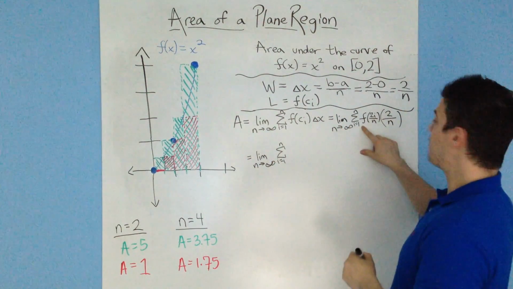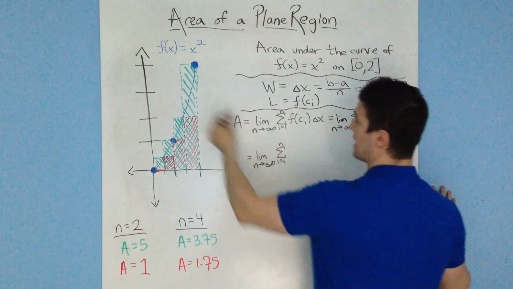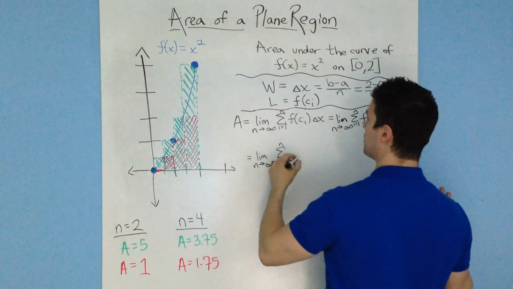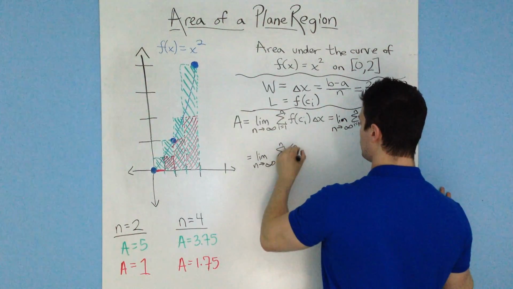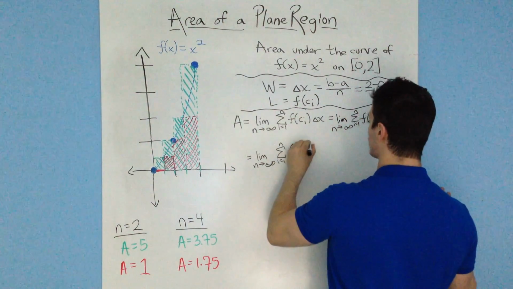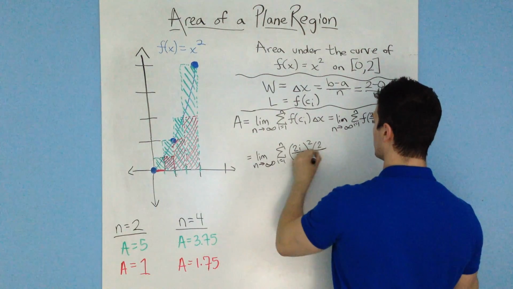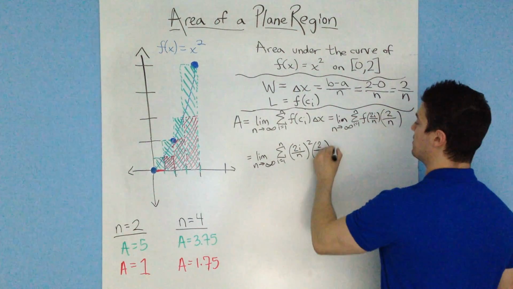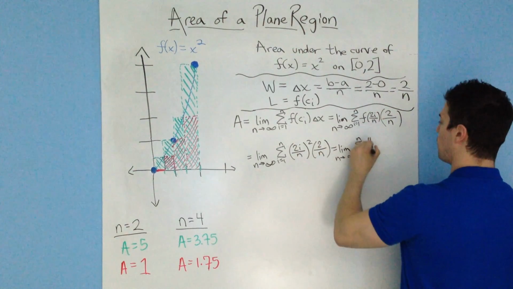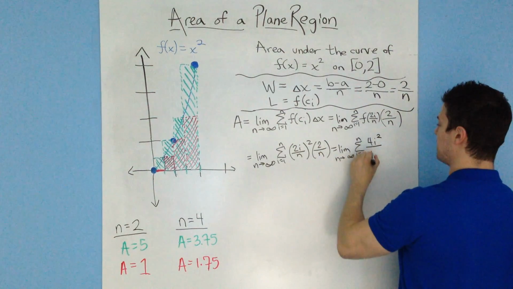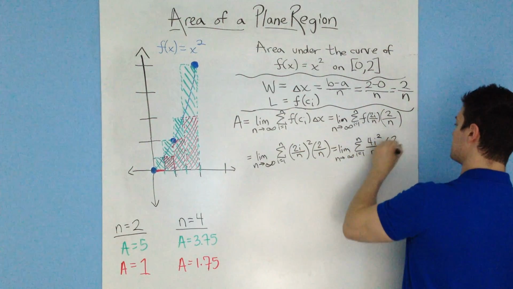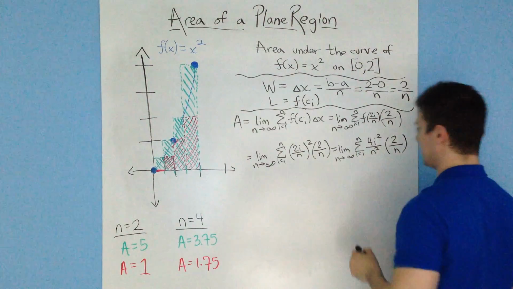So now f of 2i over n, I'm just going to plug that right into the function up there, and you end up with 2i over n squared times 2 over n. Now this is going to be equal to 4i squared divided by n squared times 2 over n.